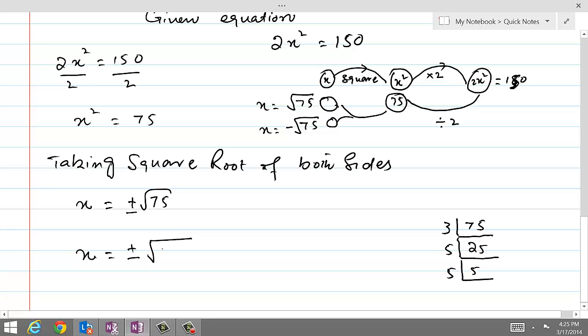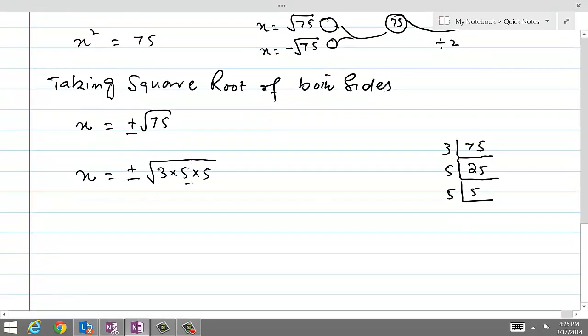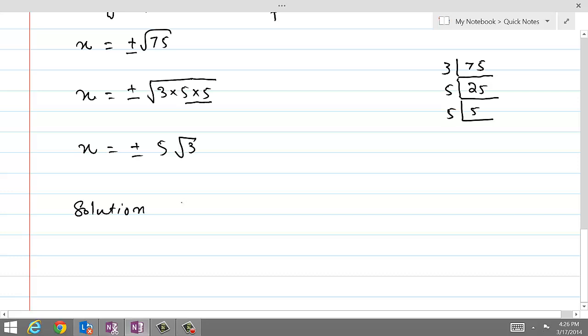Here this will be 3 times 5 times 5, and out of this pair of 5, one 5 can come out. This will be plus minus 5 times under root 3. This is called the solution, and we can write the solution set. Solution set is equal to 5 into under root 3 and minus 5 into under root 3.